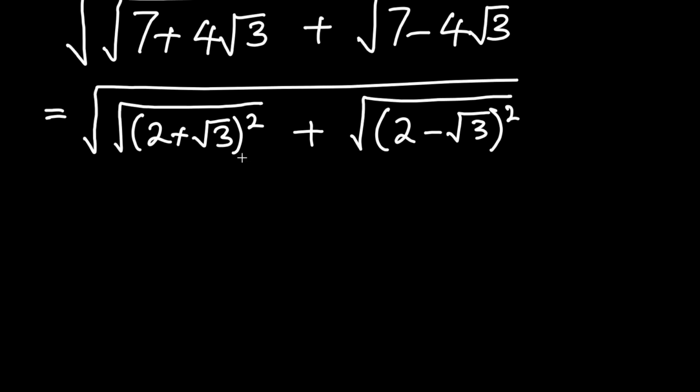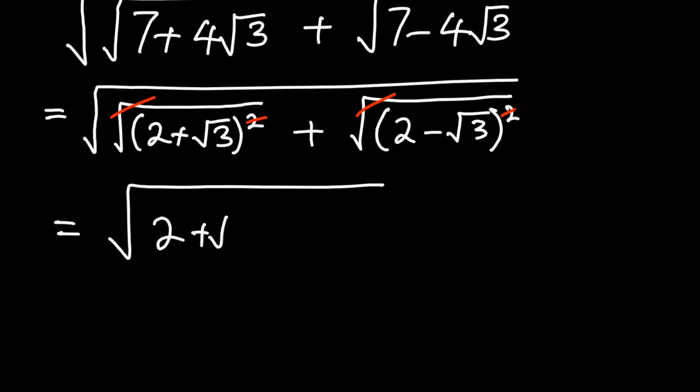Like I said in the introduction, it makes sense to say the square root of this square goes, and likewise this one. So we are now left with 2 plus root 3 plus 2 minus root 3.